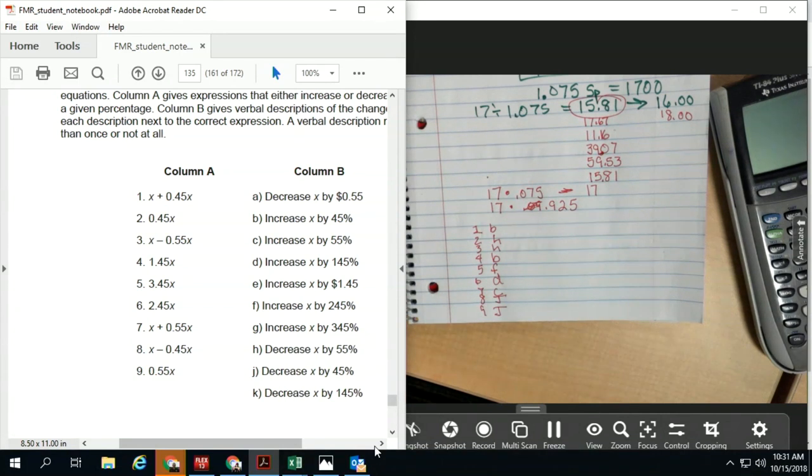Do those make sense to you now, if they didn't make sense before? I'm confused by 5. I don't get why. Okay, let's concentrate on the word increase. Do you remember in our notes we put down increase, we add to 100%, right? Okay.